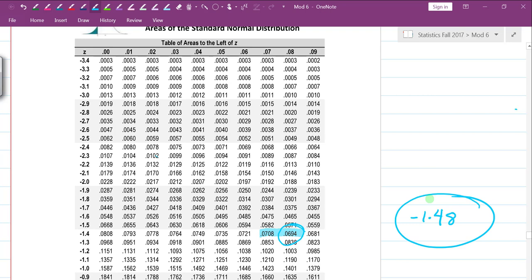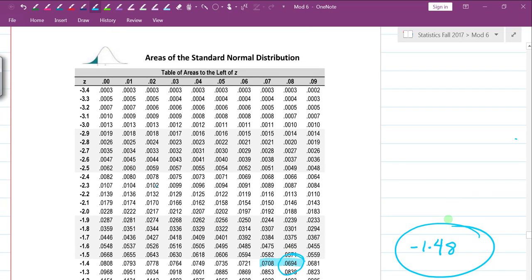A z value of negative 1.48 tells us the area under the curve would be equal to 0.0694. We can't find one that equals 0.07 exactly, and we don't have an equal amount on each side of 0.07, so we're going to pick the number that is closest.